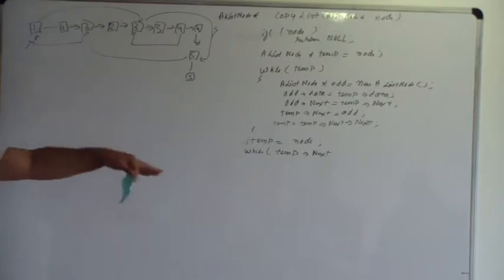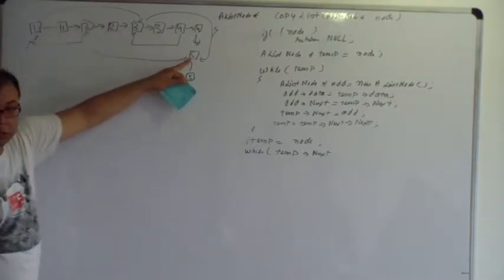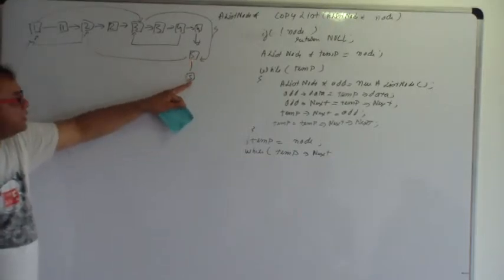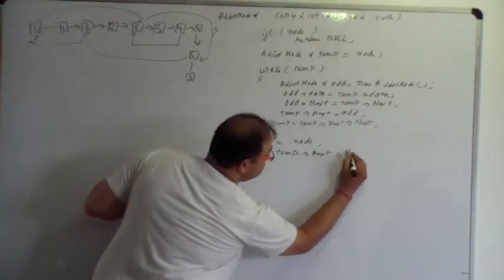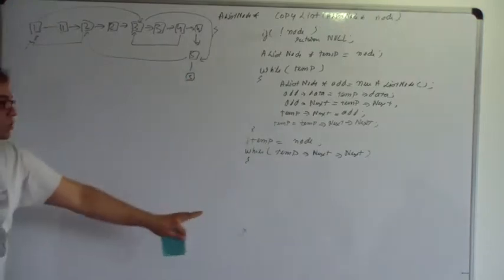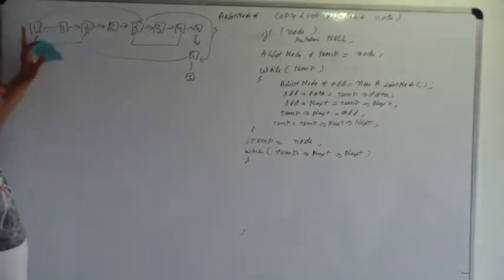While temp arrow next. So we have to continue going till we reach 5. While temp arrow next exists. I think this should be arrow next. I think this should be the case, but we can check later on. We are going from 1.